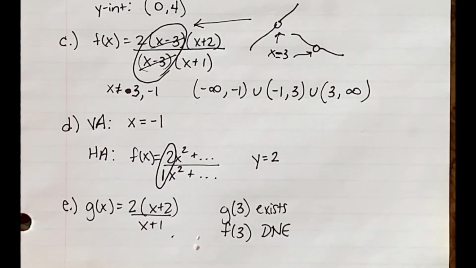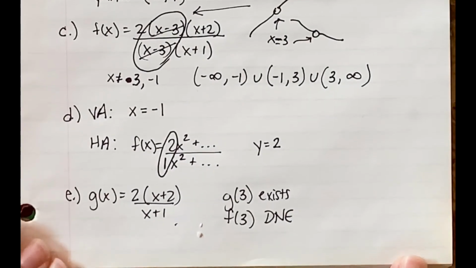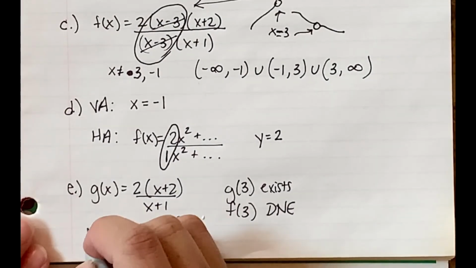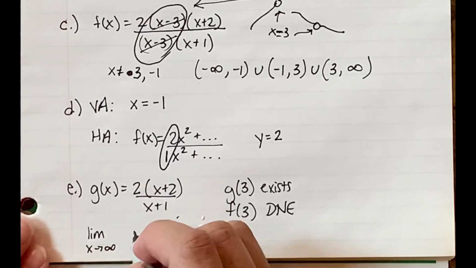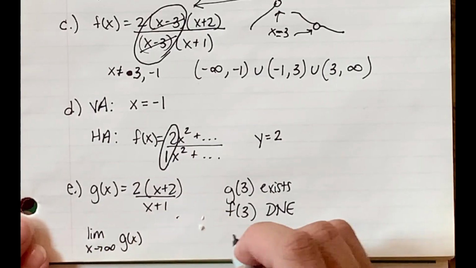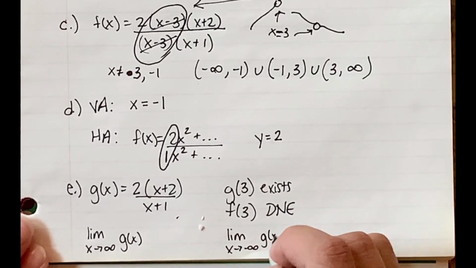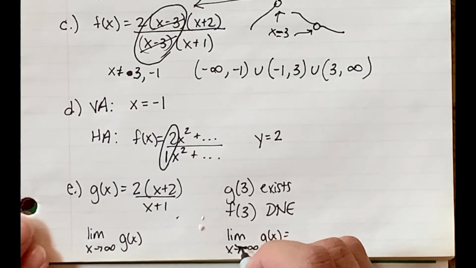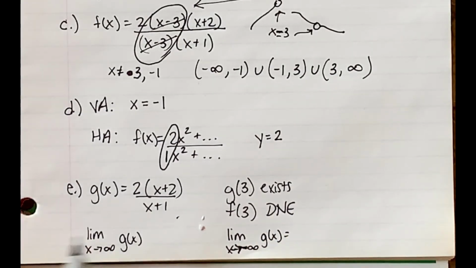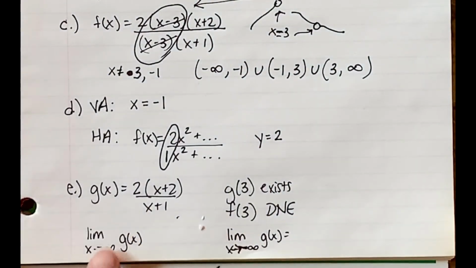So also at the end of question E, it asks you to think about limits. Let's think through those slightly. The limit as x approaches infinity of g of x, and the limit as x approaches negative infinity of g of x. Let's start with infinity. As x approaches infinity, as you're going to the right for this function, what is the y value approaching?